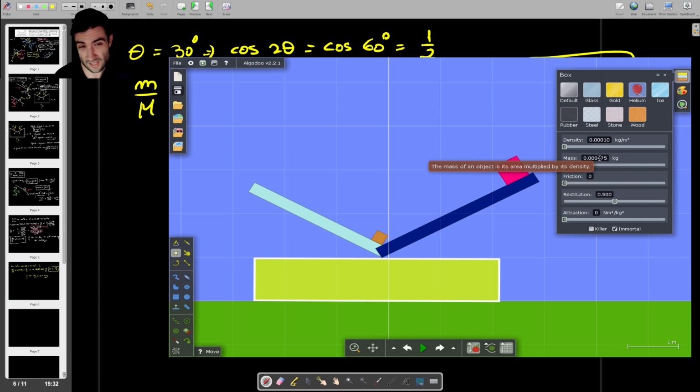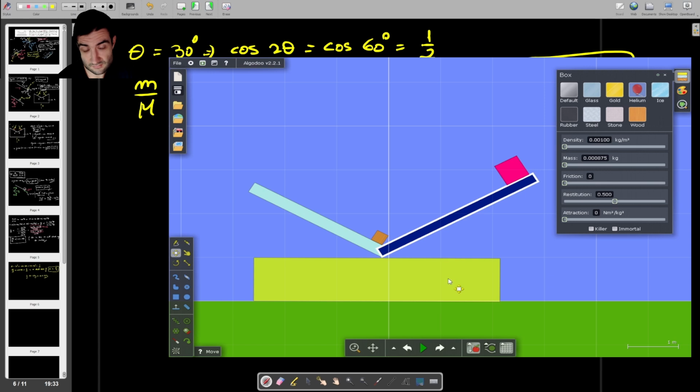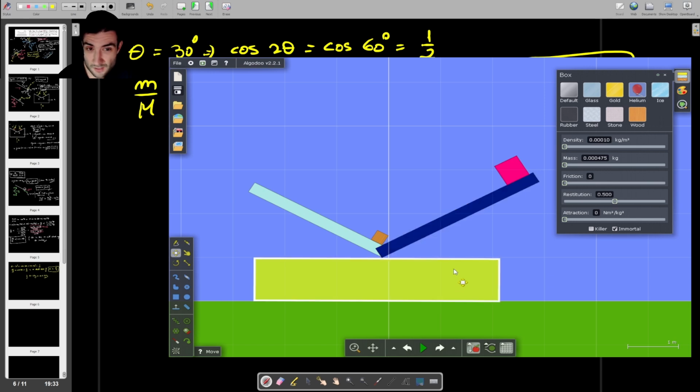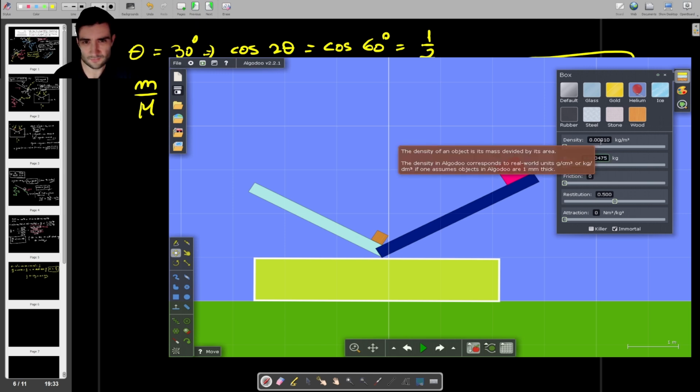So in total we have somewhere, I would say, around 2 grams maybe, which is good enough. I would make the density or the mass even lower, but that would result in some very weird behavior, so I'm just going to leave it like this.